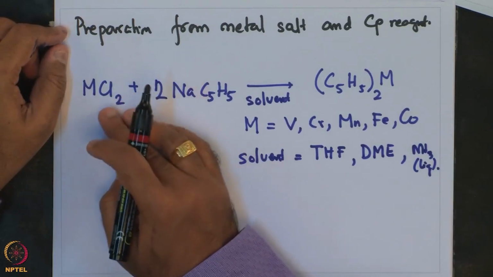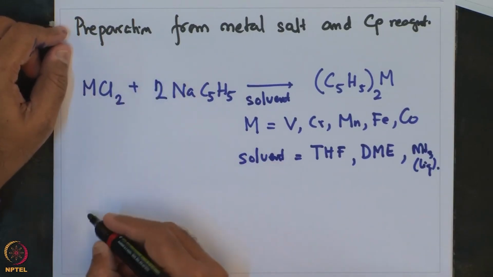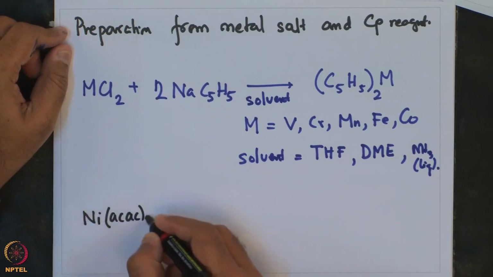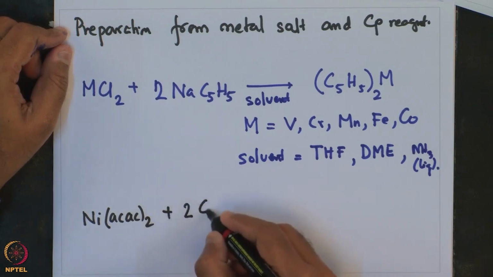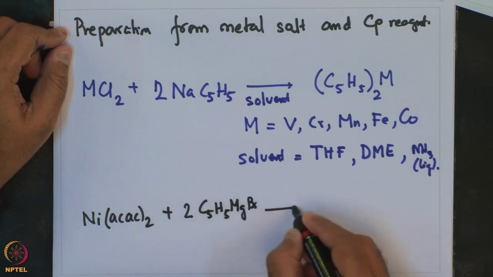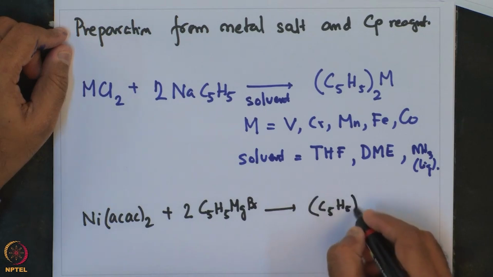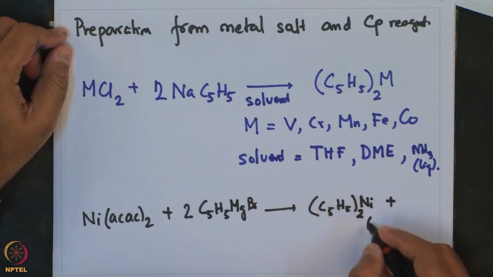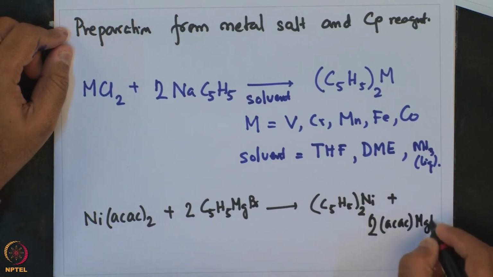Like instead of MCl2, one can use other salts as well. For example, the reaction of nickel acac with Grignard gives nickelocene plus twice MgBr.